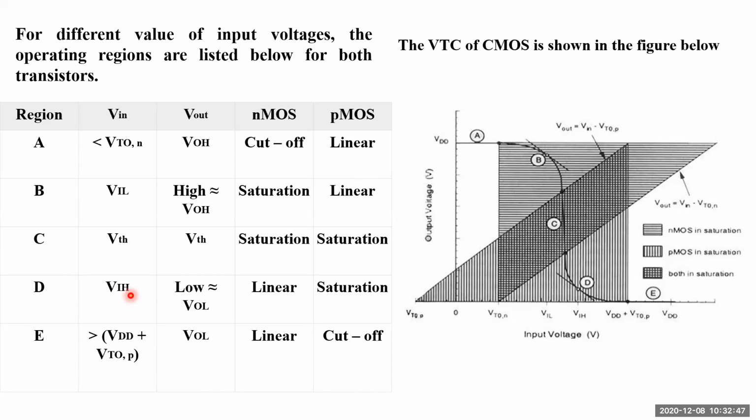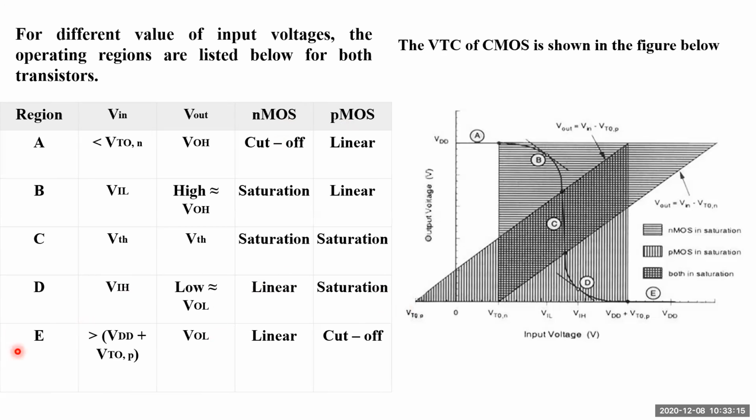Then your output will be low, that is VOL. By the working condition of the transistors, the NMOS is in the linear region. The PMOS is not working and is not letting any charges through, so the PMOS is in the saturation region.